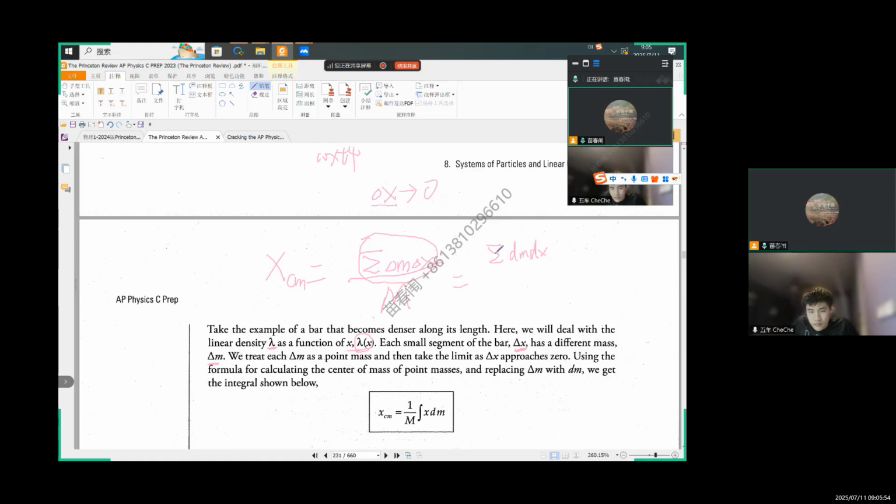And I add all of them, that becomes integration, right? This has become integration. Then it's just the integration of x dm over M. So remember, the density is a function of x. Does that make sense?